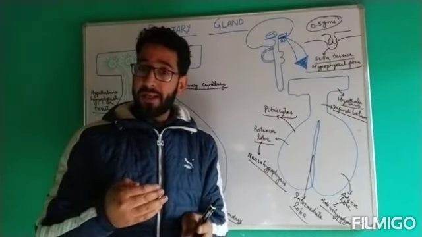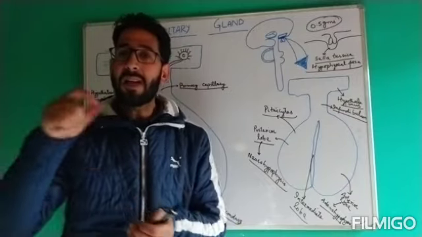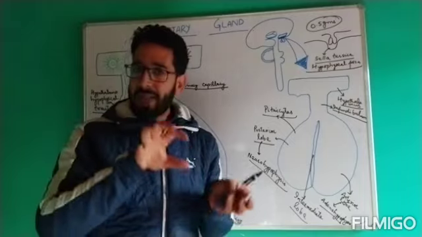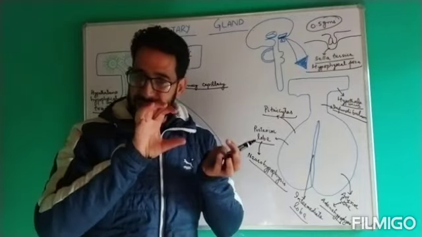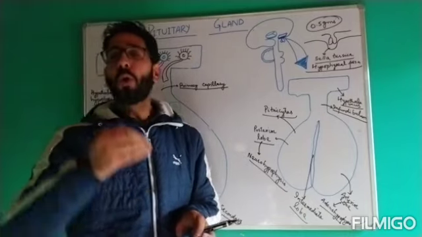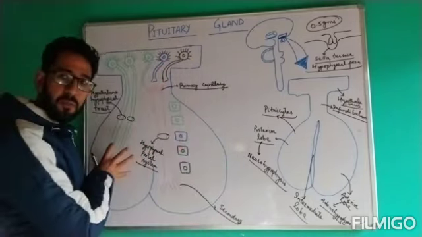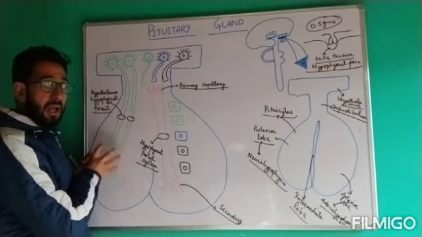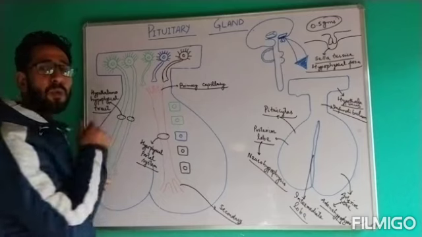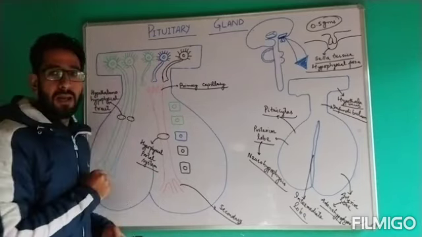A true endocrine gland secretes hormones which are synthesized by that gland itself. But when we talk about this posterior pituitary gland, it does not synthesize those hormones which are secreted by it. Those hormones are synthesized by the hypothalamus.